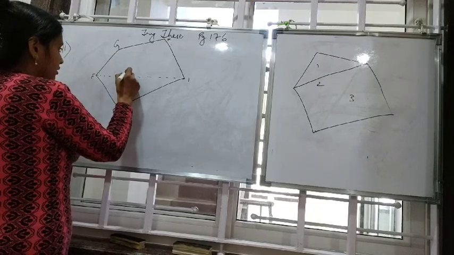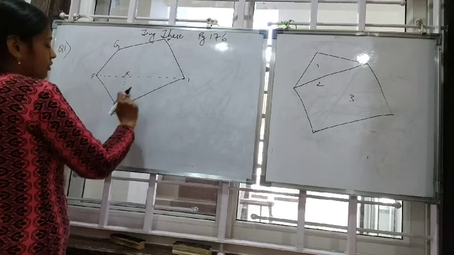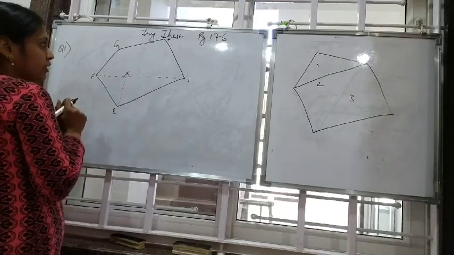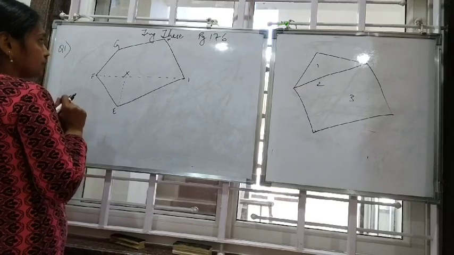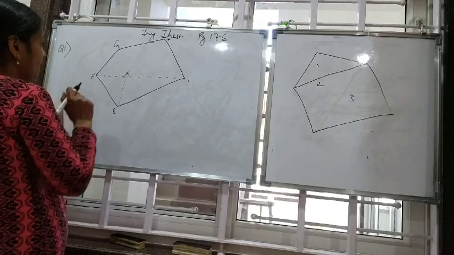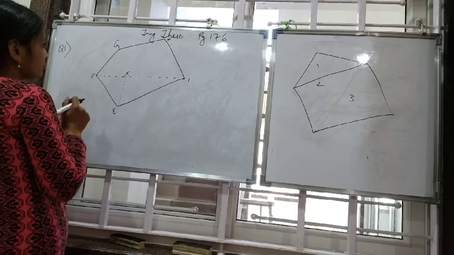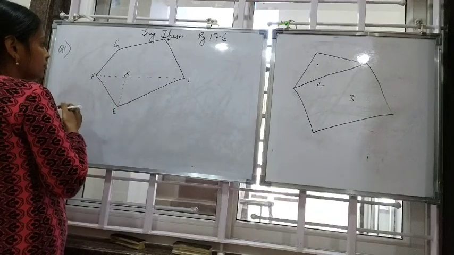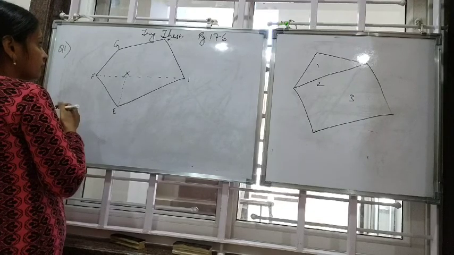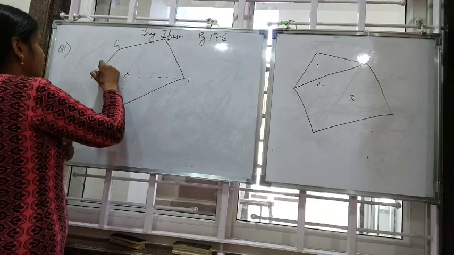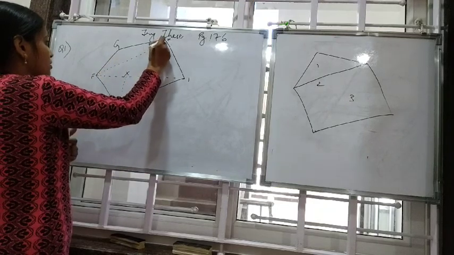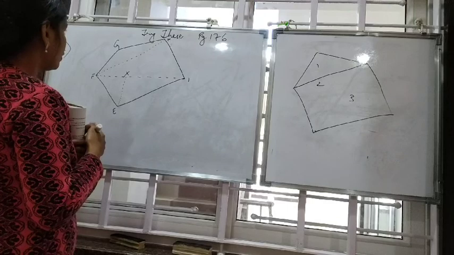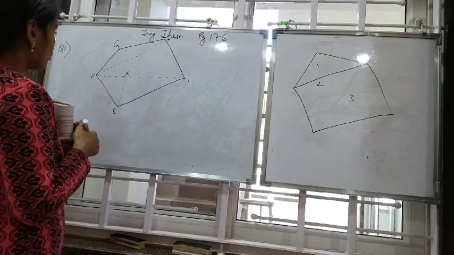Let this be X. So this will be area of triangle EFI, where half base into height, and this becomes the quadrilateral FGHI.